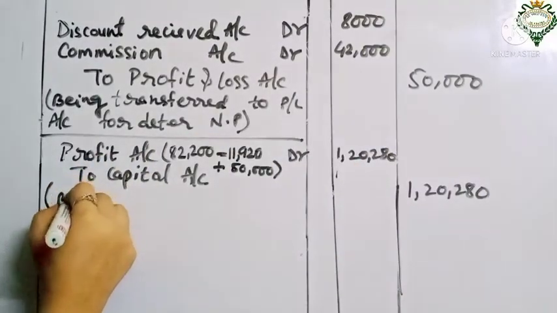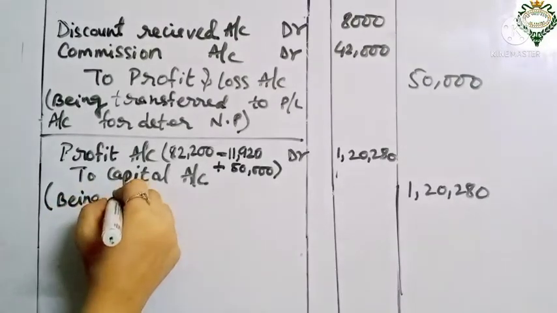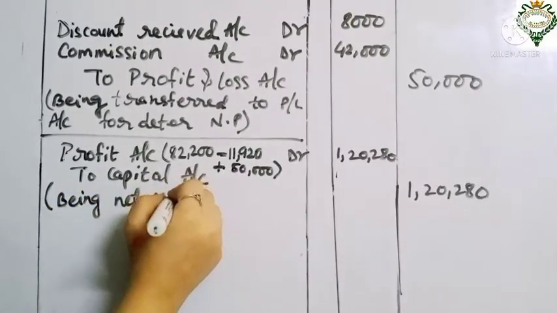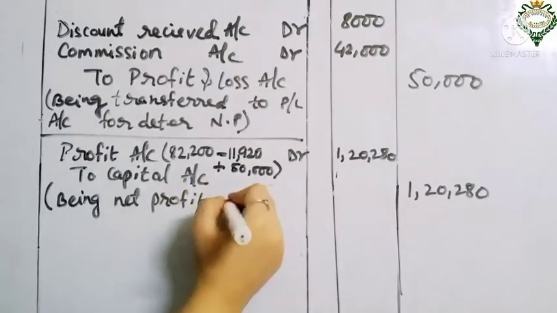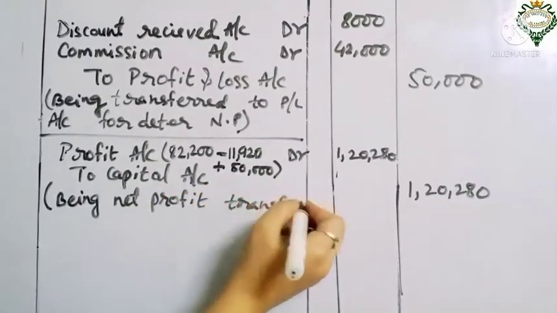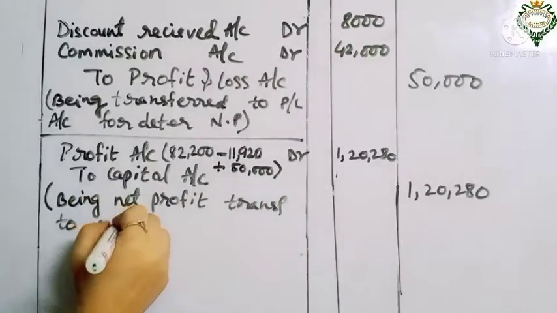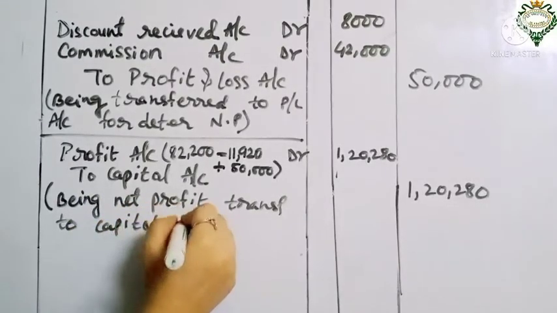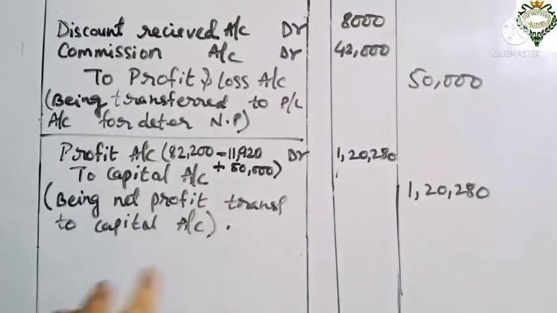And here you will write the narration like being net profit transferred to capital account. Okay, so that is how you have to pass the journal proper for the closing entries.